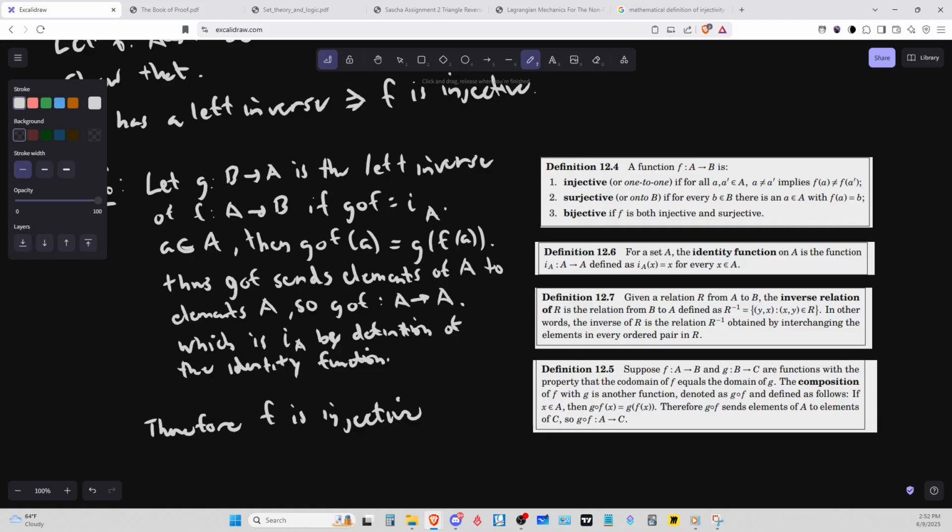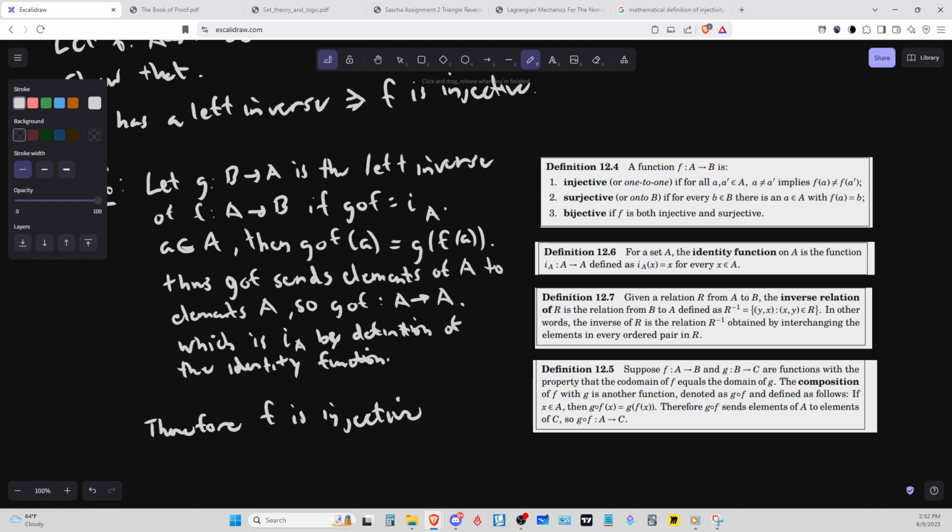Hopefully that's clear. I feel like maybe 'by definition of the identity function' might be a little bit too wordy. Okay, so based on that, we actually did show that it is the left inverse in this case.